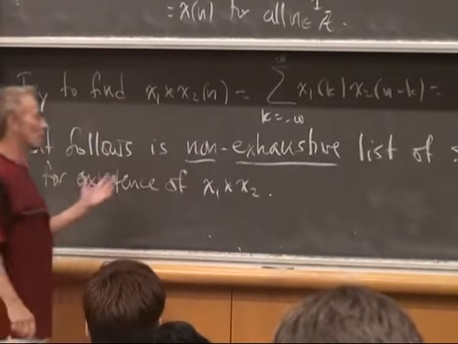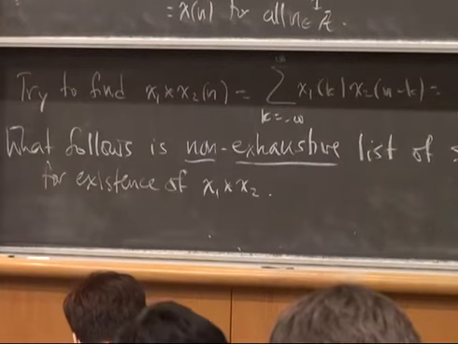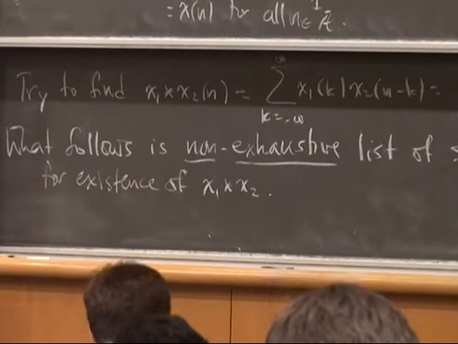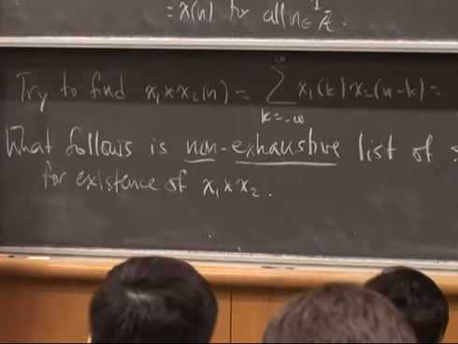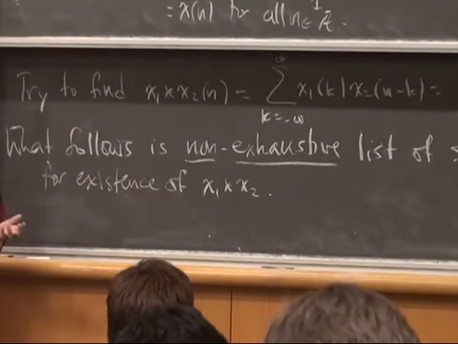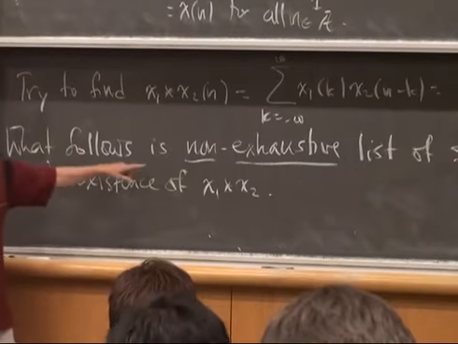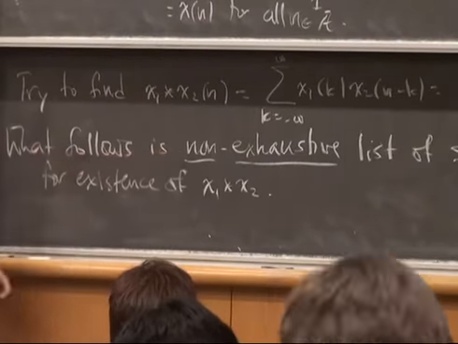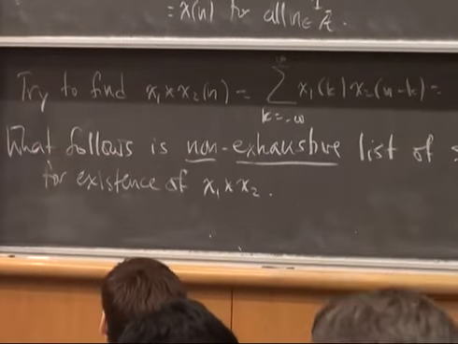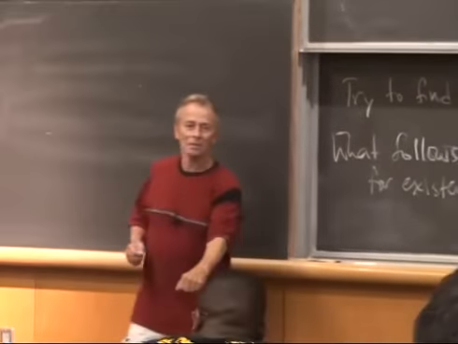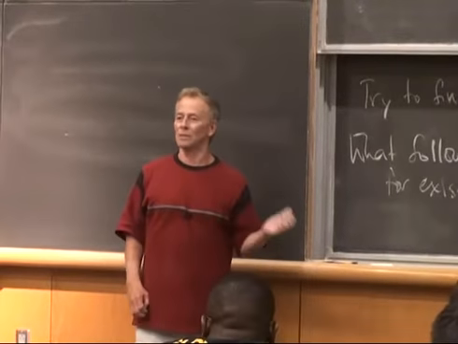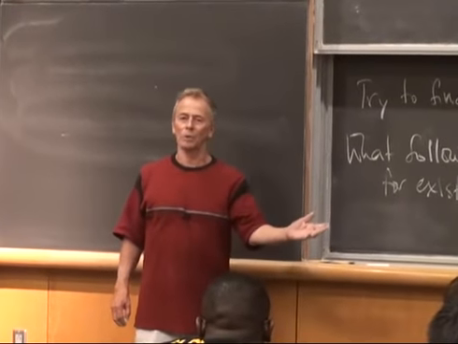And this is something we never worried about in 2200, but we are worrying about in this class. What do I mean by sufficient conditions? I mean that if x1 and x2 satisfy these conditions, then their convolution exists. That's what I mean. What I mean by non-exhaustive is that there are pairs of signals that fail to satisfy any of these whose convolution still exists. And I'll give you an example of one of those when we're done.